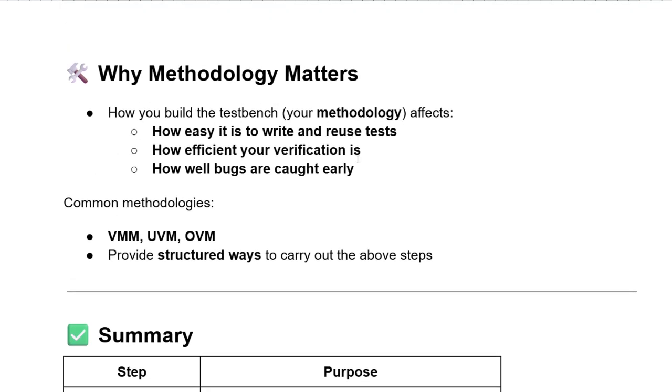So these three things are the methodology, and common methodologies are VMM, UVM and OVM. They provide a structured way to carry out the above steps.